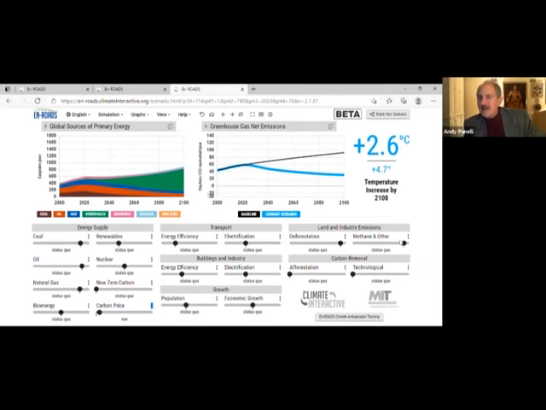And then if we follow up with methane, let me just jump back to our greenhouse gas emissions slides here.